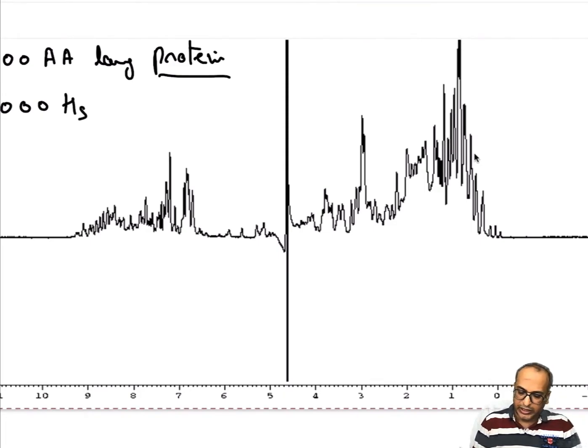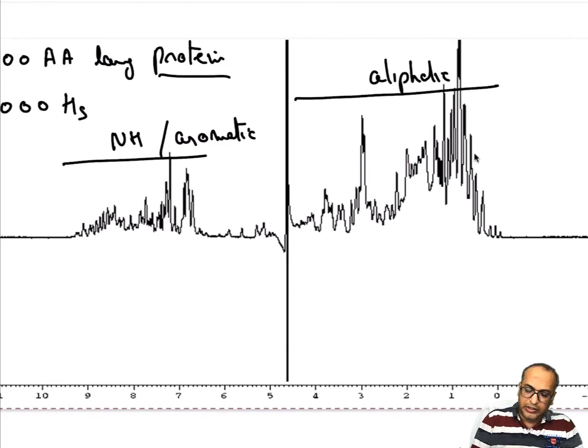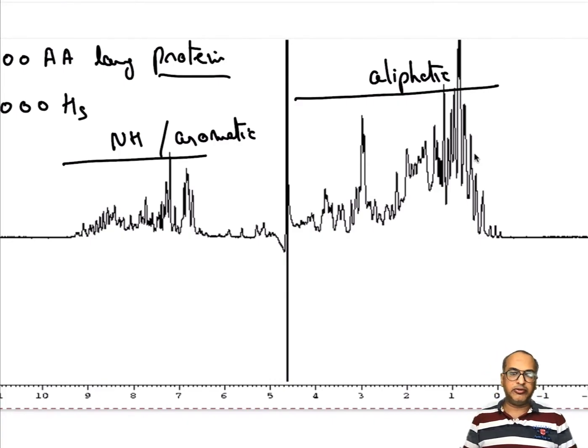Again you cannot get any information from this, except that you have a good chemical shift dispersion from here to here for NH protons and aromatic protons, and these are aliphatic protons, right? So there is extensive overlap of resonance lines leading to all this chaos. This is a very chaotic NMR spectrum, which gives you very bare minimum information about the protein, so one definitely cannot talk about structure and all.